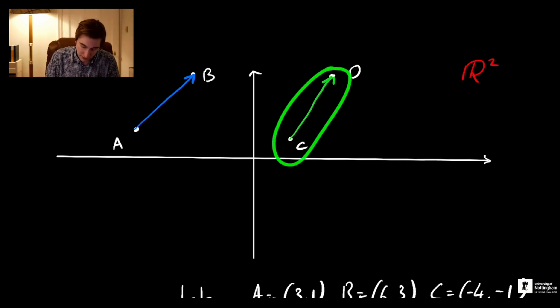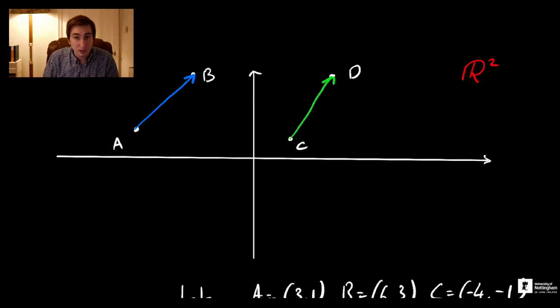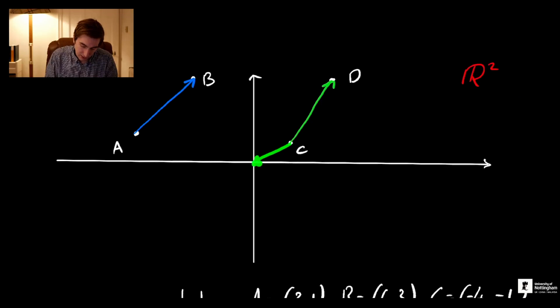So we could write this vector as this one, or equally we could write it by shifting it so that its base, its tail, now lies at the origin, and its head is extended outward. That would be the exact same vector if we just translated it, keeping it parallel and not changing its length. So now its base lies at the origin. That would also be the same vector.